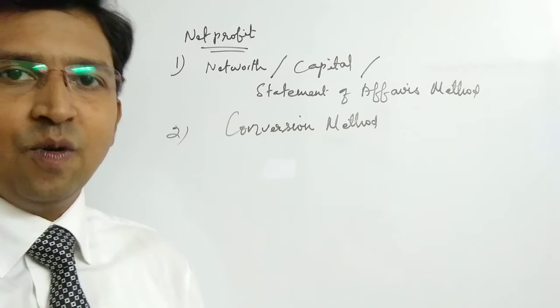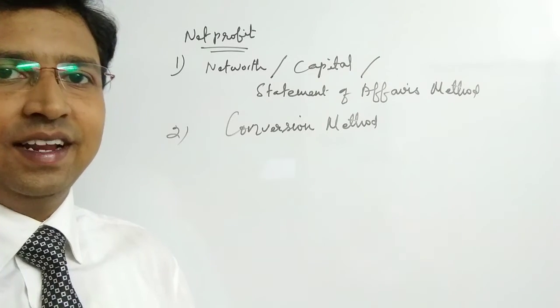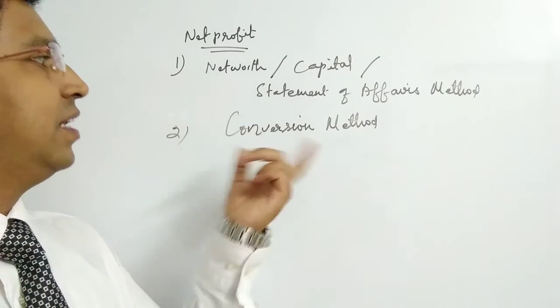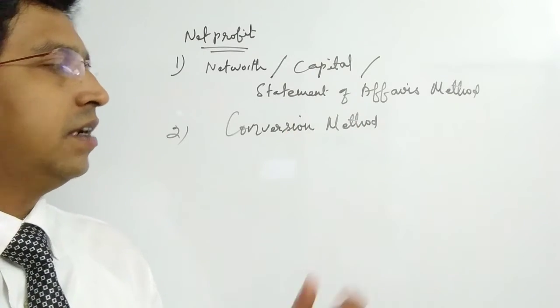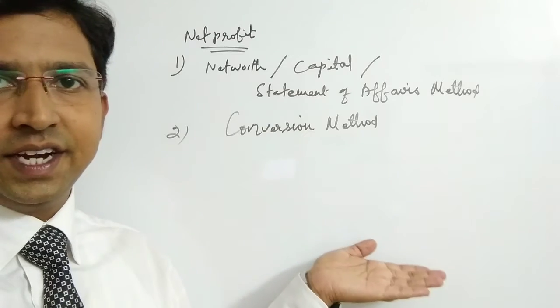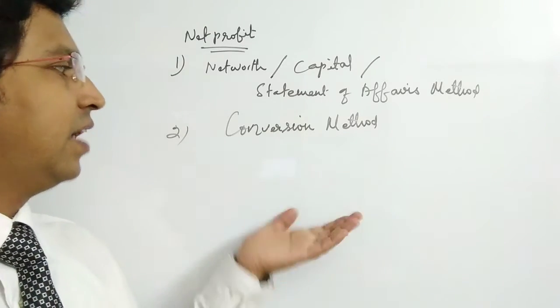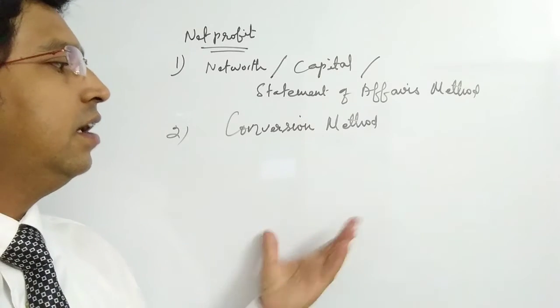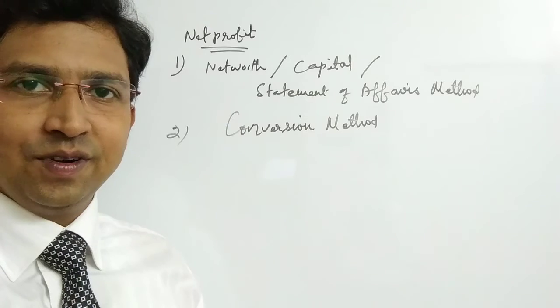By subtracting the opening capital from the adjusted closing capital, they arrive at the net profit. But in the conversion method, with the help of the relevant information, some important accounts are prepared in order to find the missing figures, from which trading and profit and loss accounts are prepared to arrive at the net profit. Soon after that, the balance sheet is prepared with the available information. I hope you are clear.